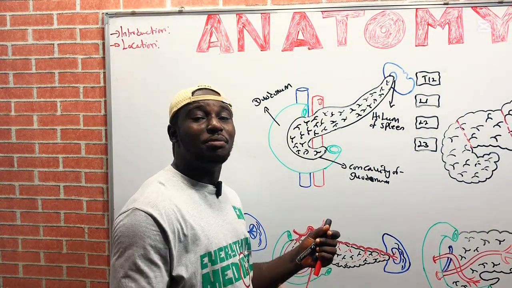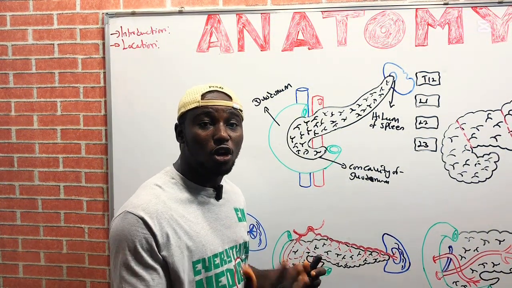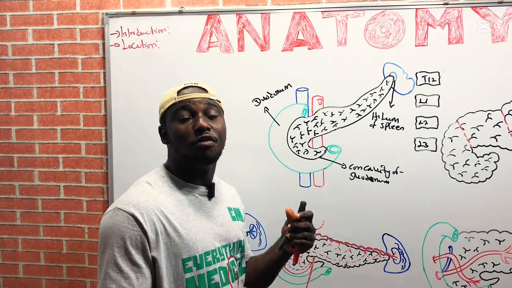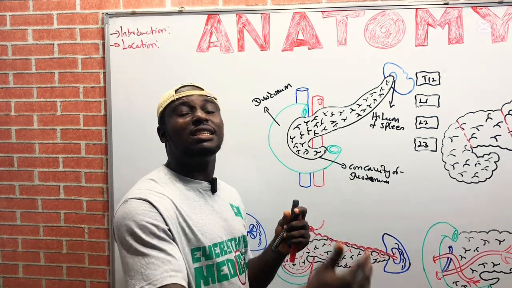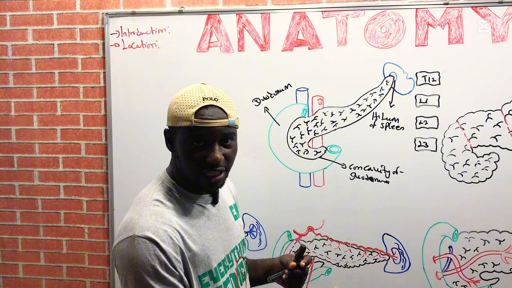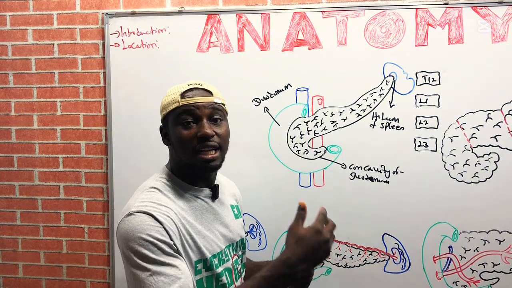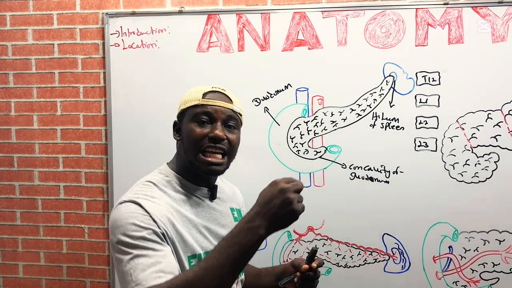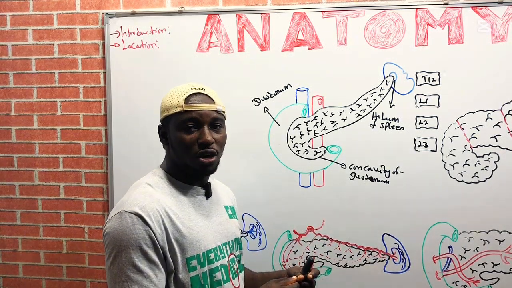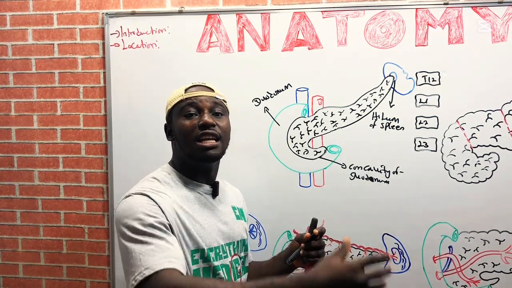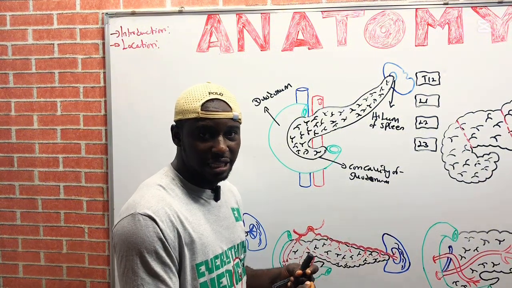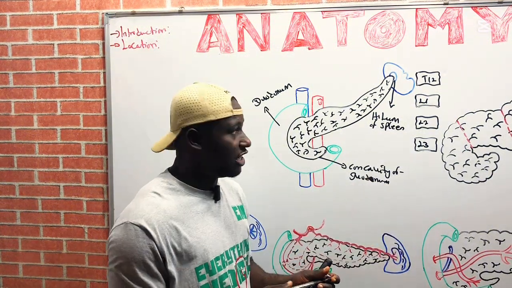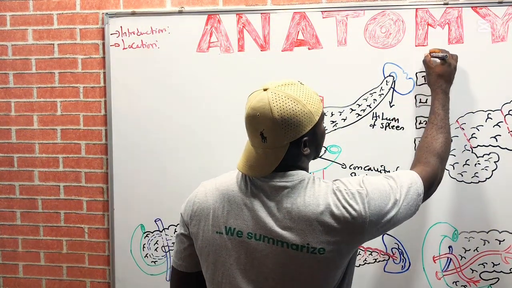It lies behind the serous floor of the lesser sac of the peritoneum. While its left extremity, which is the tail, is purely intraperitoneal in nature, where it lies in the lienorenal ligament along with the splenic vessels, right?